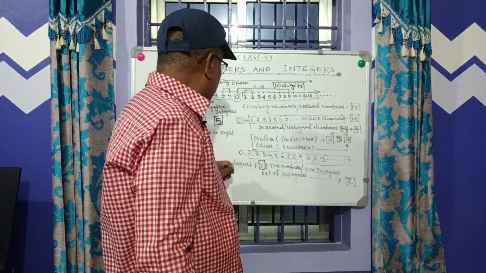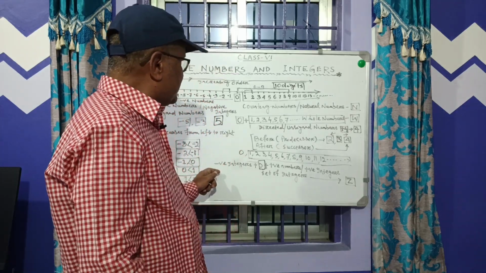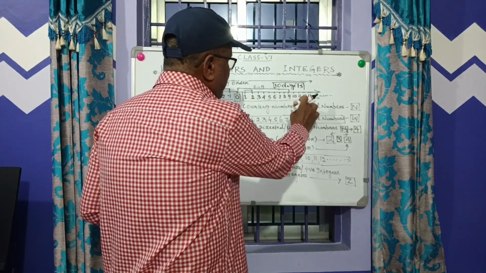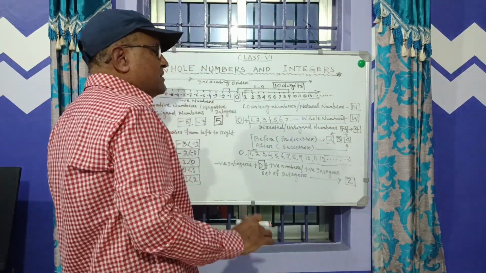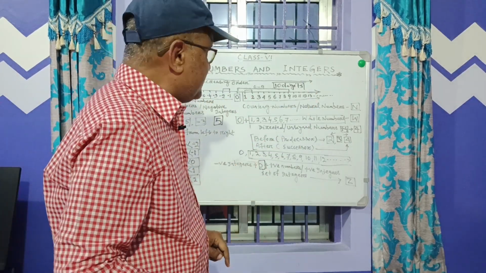Now look at the integers. All counting numbers or positive numbers are called positive integers, and negative numbers are called negative integers.